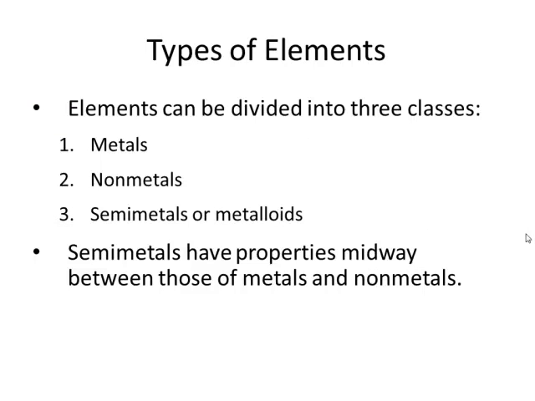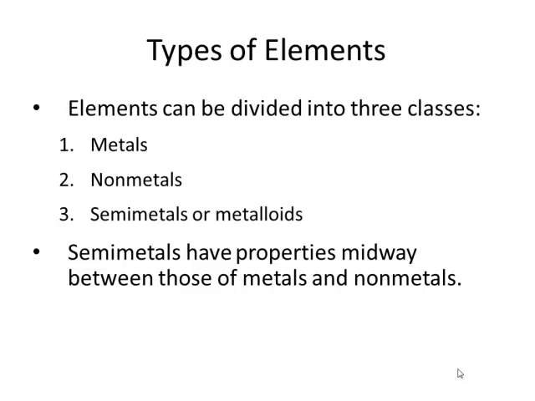So now when we look at elements on the periodic table that I gave you, there are three different types of elements. If you look at the table, we have metals, nonmetals, and the third group are semimetals or metalloids.